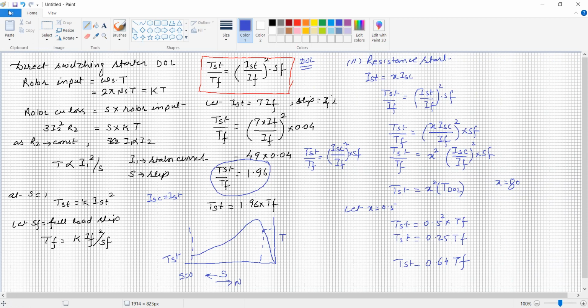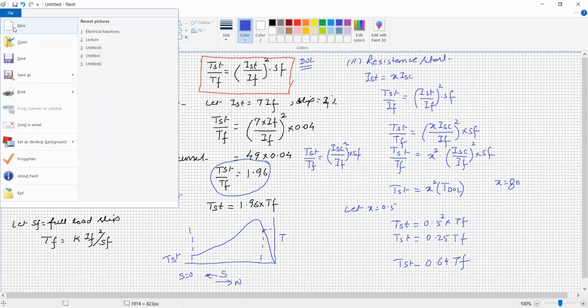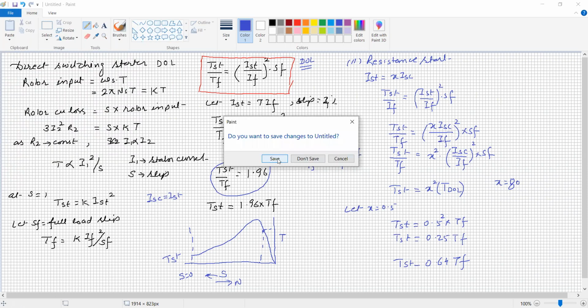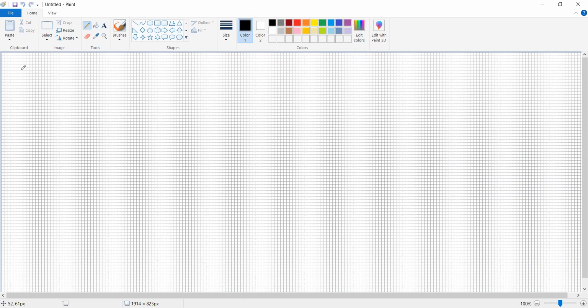Next, we will take the second one, the auto transformer starter.